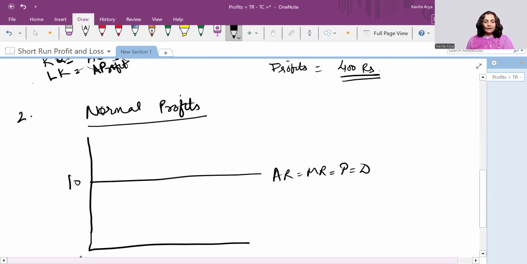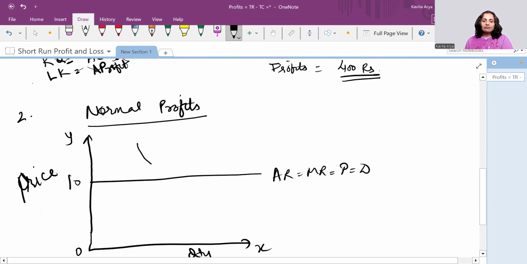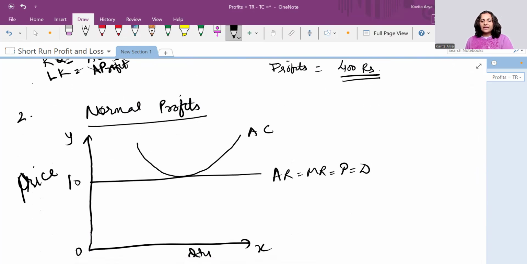Say this is 10 and this is X and Y axis with price here and quantity here, right? So for normal profits, we would have the cost curve just tangent to it. So this is AC and this is MC going from there.